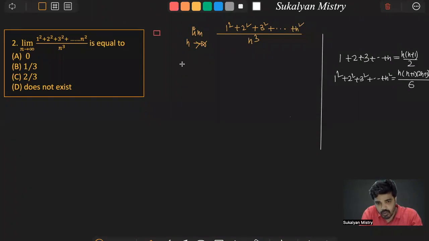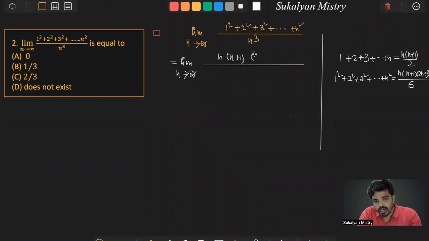So that equals the limit as n tending to infinity. Look, limit problems will definitely be in the exam, 100% sure, okay? So n into n plus 1 into 2n plus 1 divided by 6, divided by n cube, right?